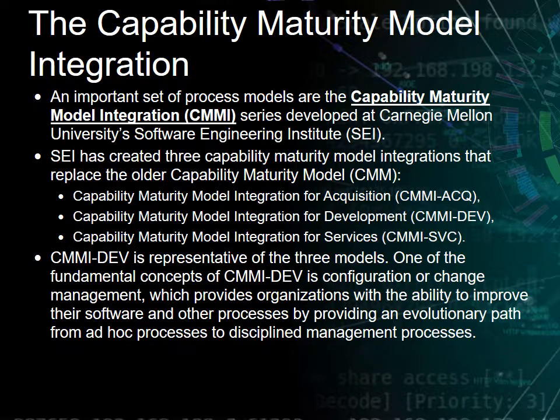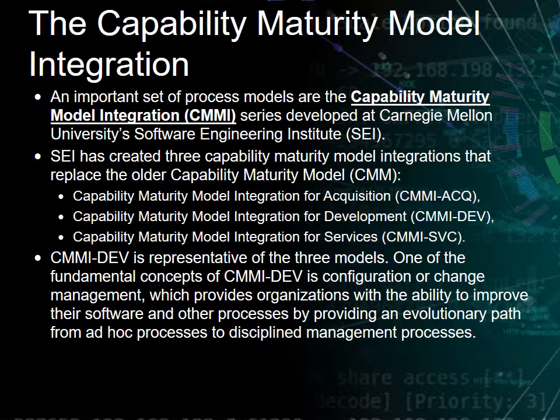An important set of process models are the Capability Maturity Model Integration series developed by the Carnegie Mellon University Software Engineering Institute. SEI has created three Capability Maturity Model Integrations that replace the older Capability Maturity Model: CMMI for Acquisition, CMMI for Development, and CMMI for Services.